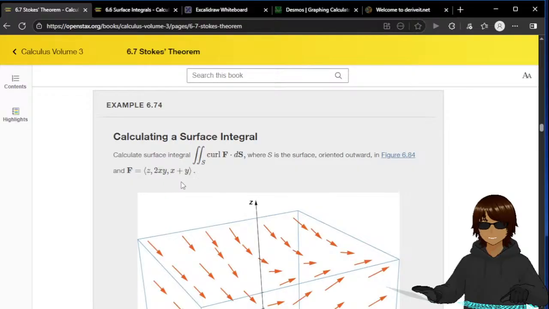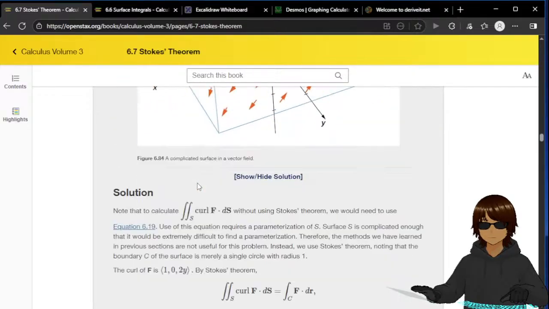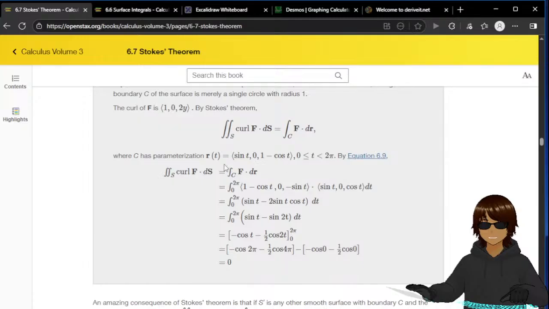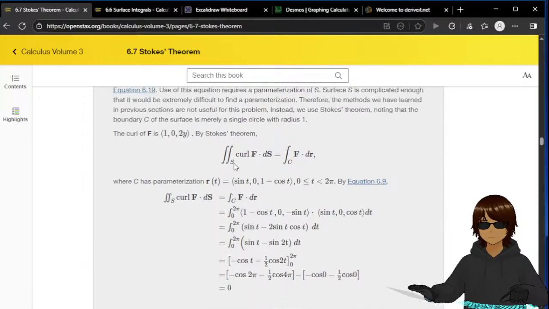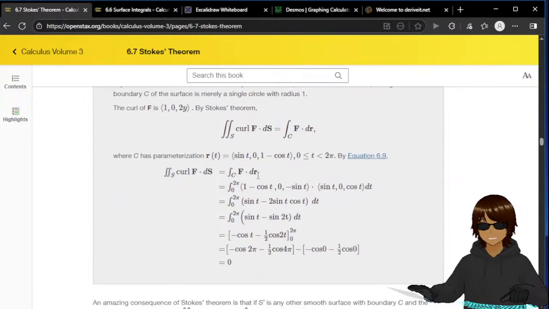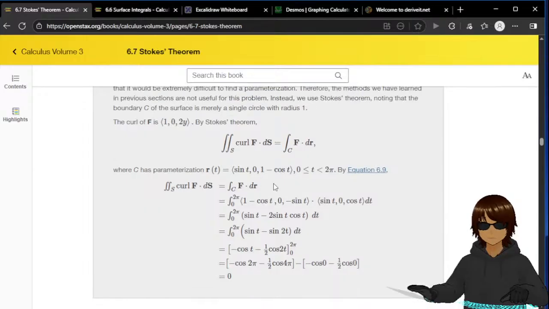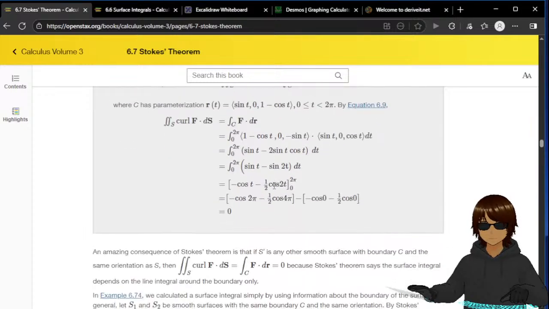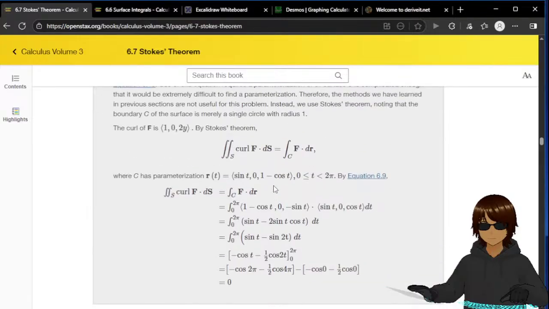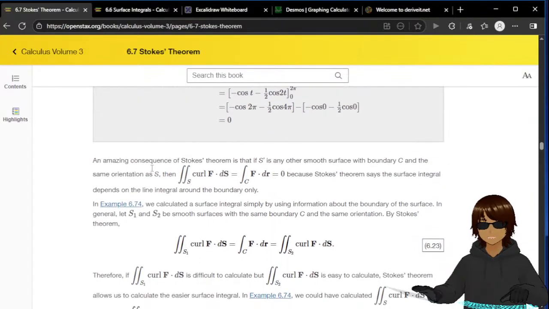F is cxy, x plus y. How did they figure this out? I have no clue.